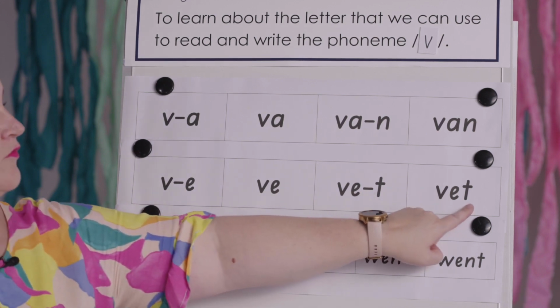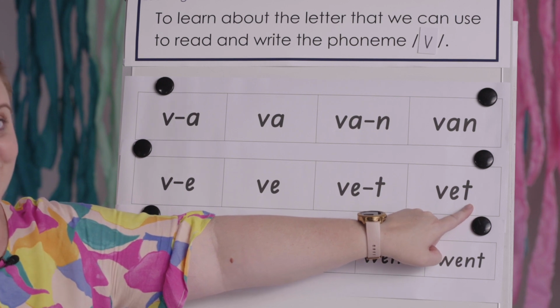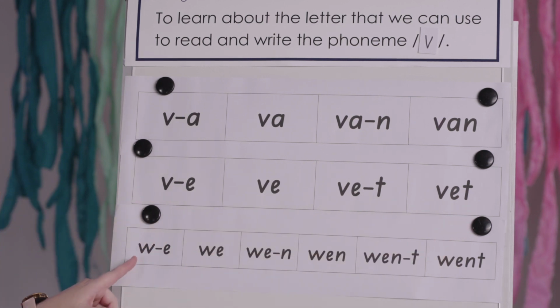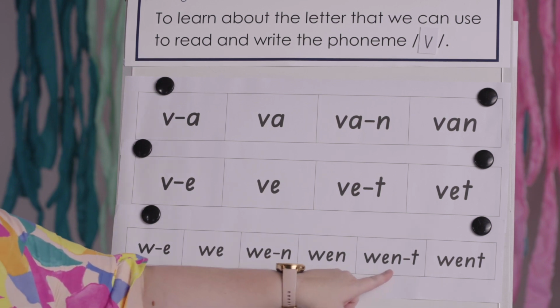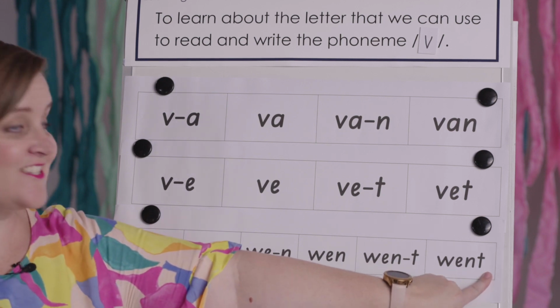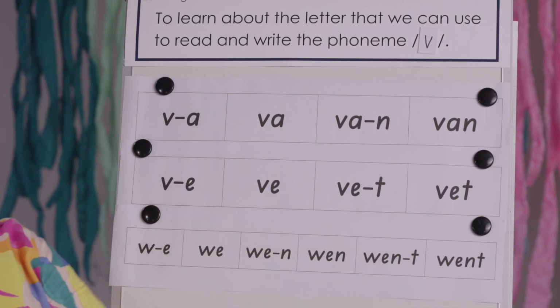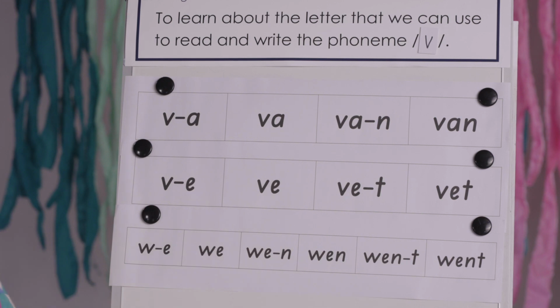Vet. What word? Vet. Great job. Last one. Went. What word? Went. That one had 4 phonemes. It was a little bit longer. Great job. Let's read them again.